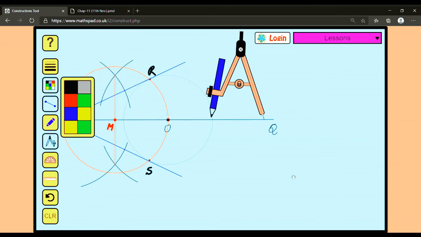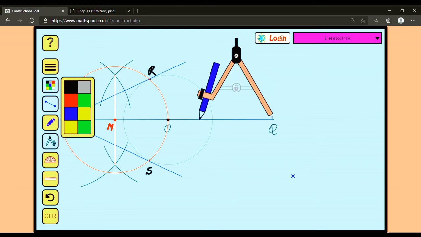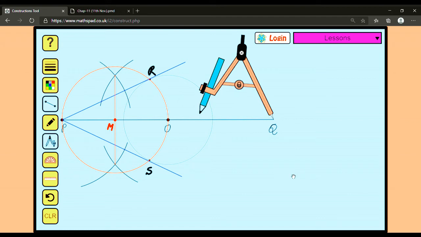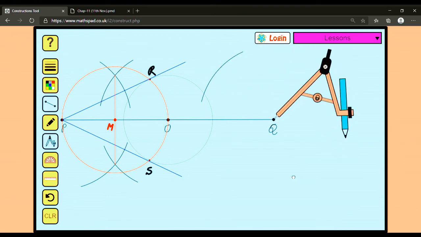We would like to open the compass more than half. Fix the radius. Draw arcs on top and bottom.